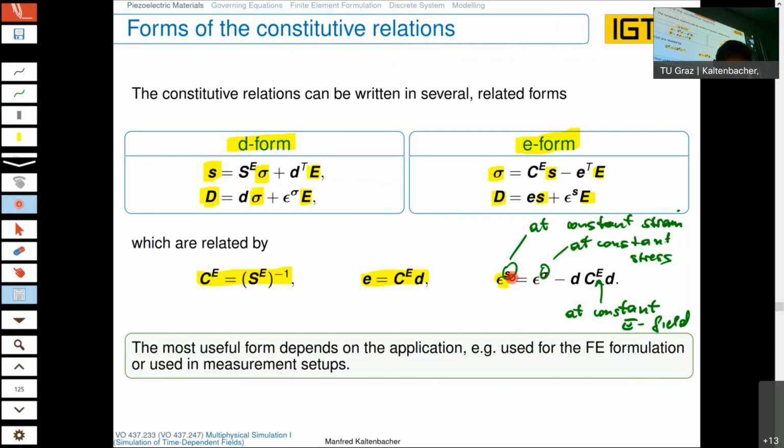Constant strain is almost impossible. How can you guarantee that you have constant strain? It means that you have a fixing where the strain is constant. That's more or less impossible.